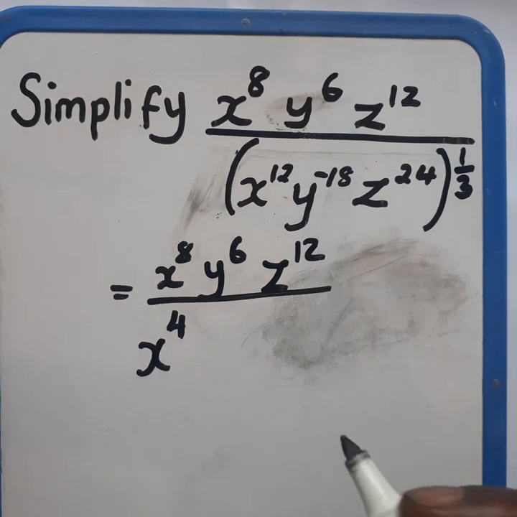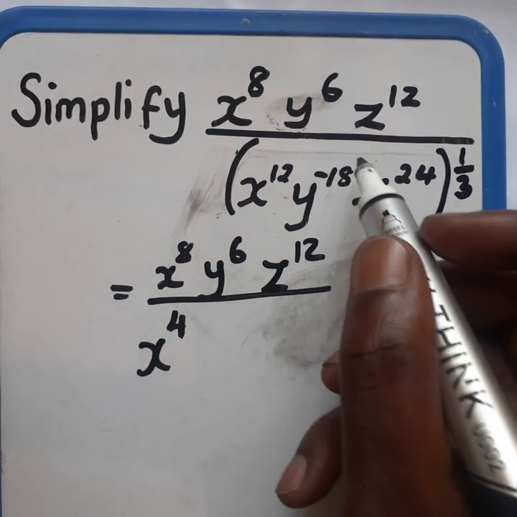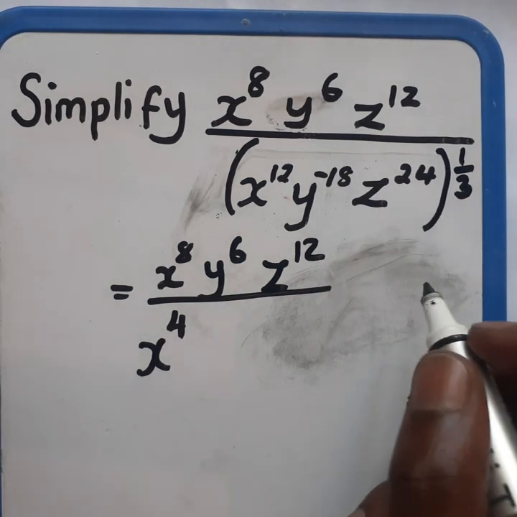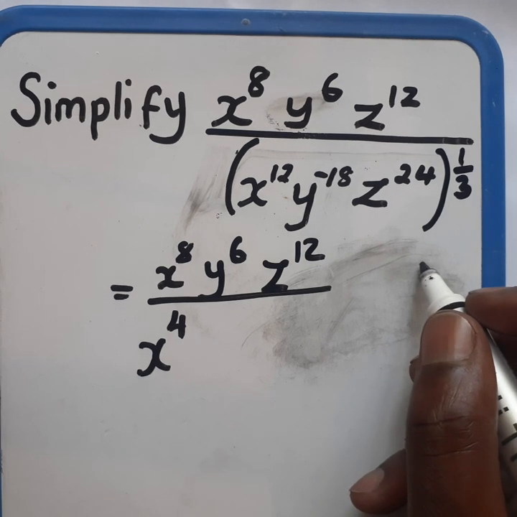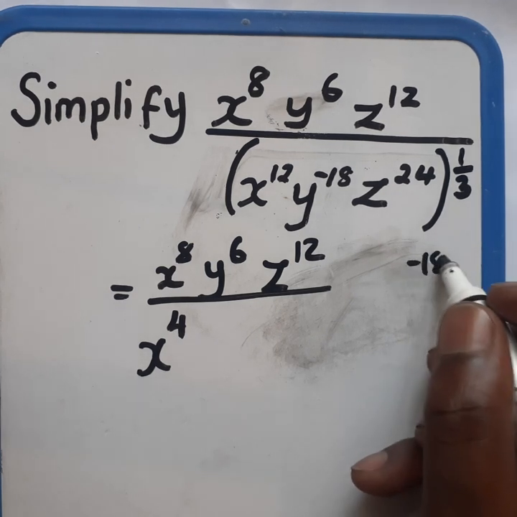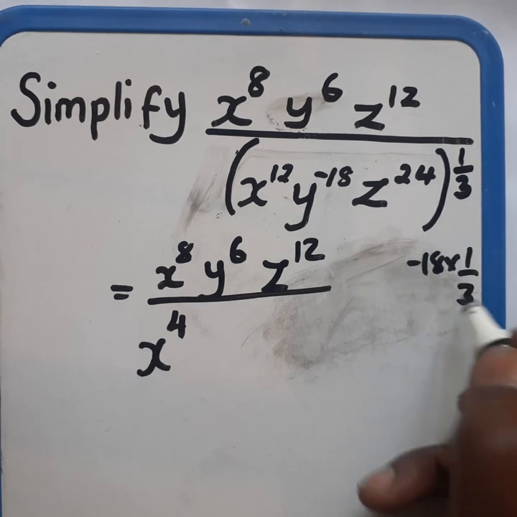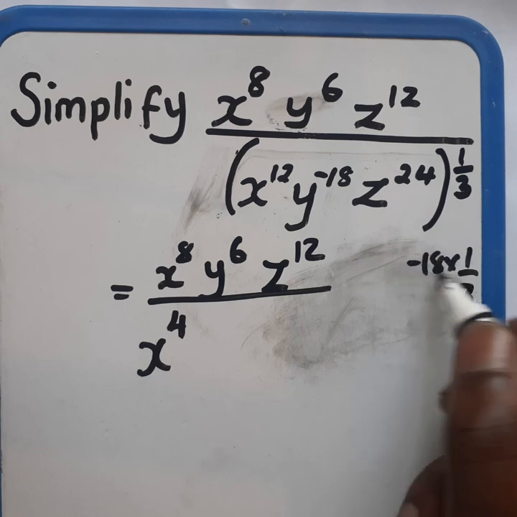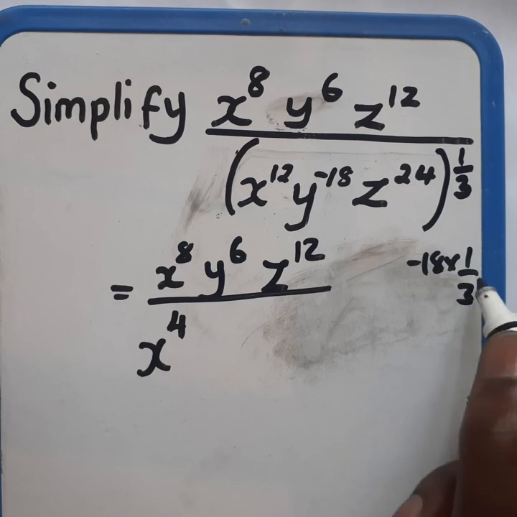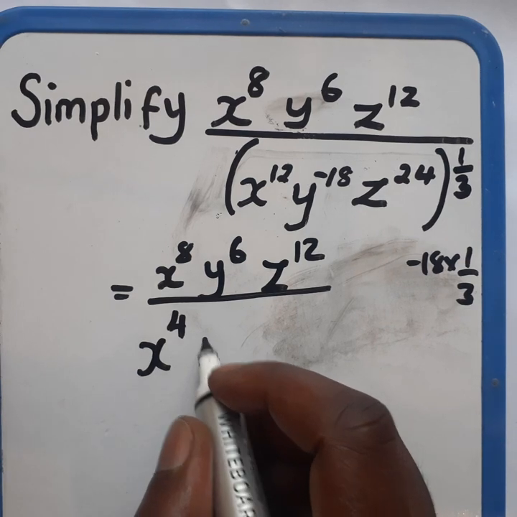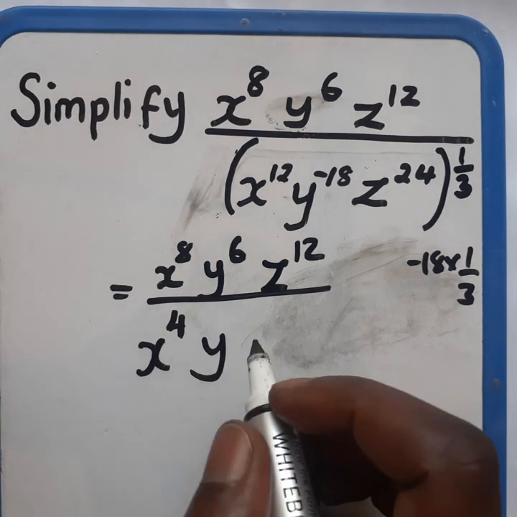Then, when we come to y, we have negative 18 multiplied by 1 over 3. This is just the same as negative 18 divided by 3.